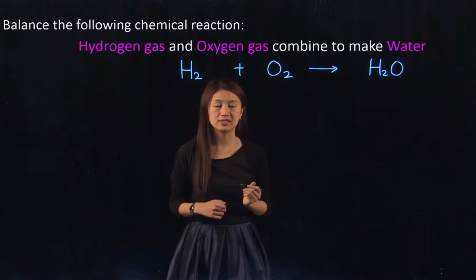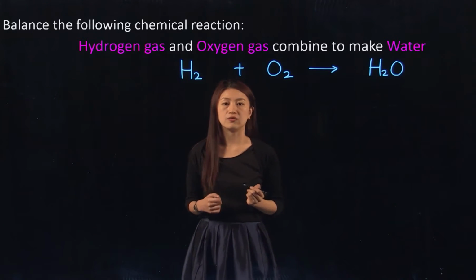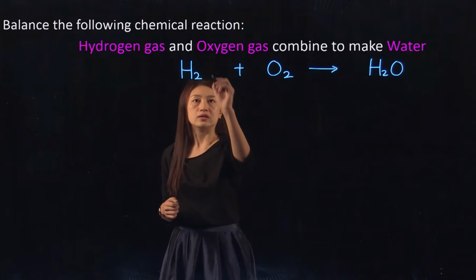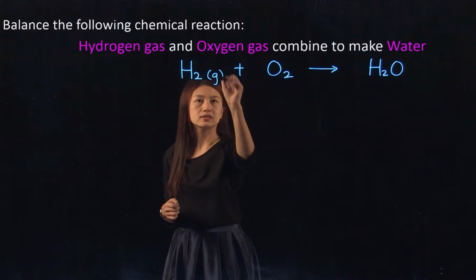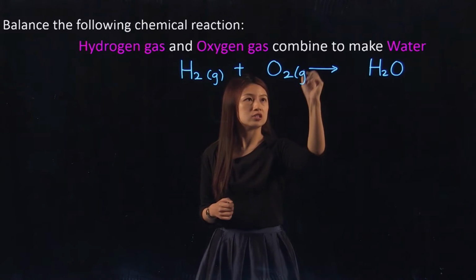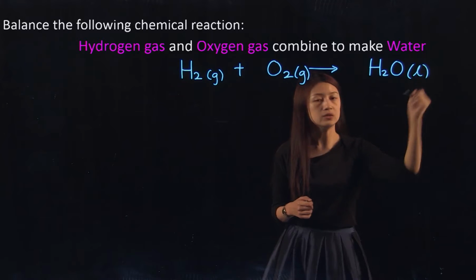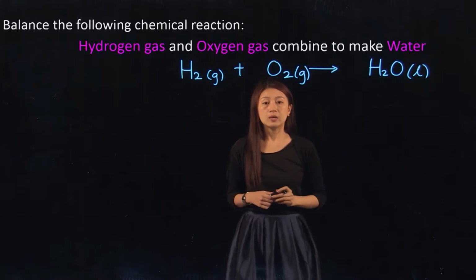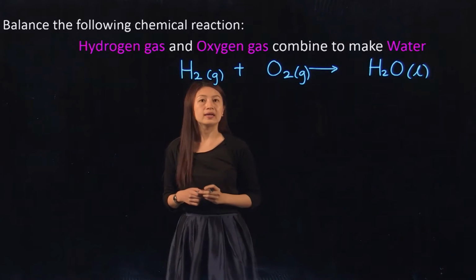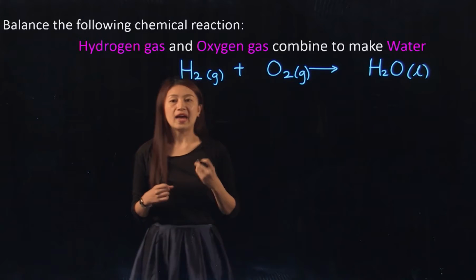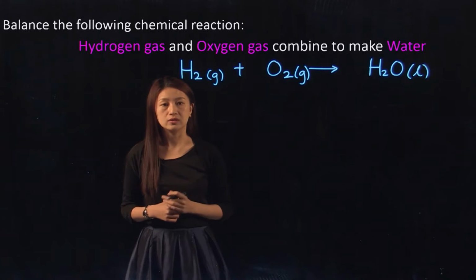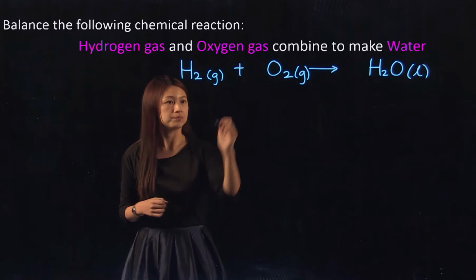If I want to be more precise, I can also indicate the states of each compound. In this case, I have hydrogen gas, oxygen gas, and water in the form of liquid. Now before we start, we're going to list the number of atoms on each side of the reaction arrow.